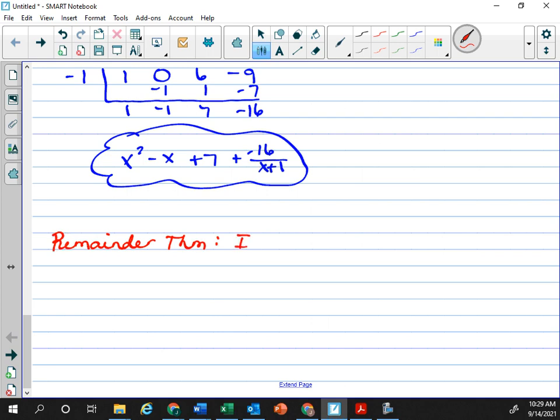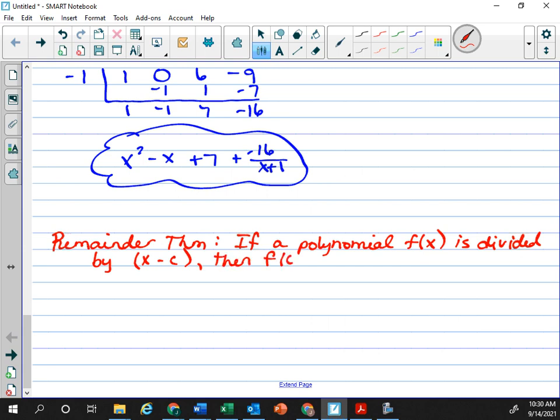If a polynomial f of x is divided by quantity x minus c, then f of c is the remainder. I'll explain more. Just jot it down first, and then I'll interpret that for you.